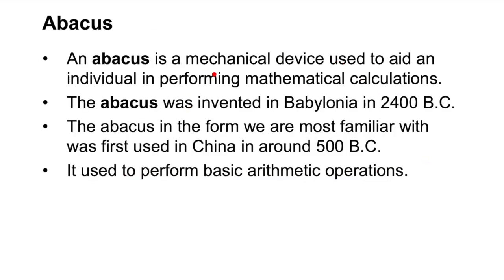So the abacus, a mathematical mechanical device, was used as an aid for an individual to perform mathematical calculations. The abacus was basically a mechanical device which was used to ease out mathematical calculation. The abacus was invented in Babylonia in 2400 BC.